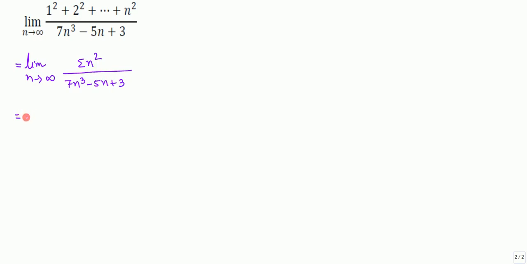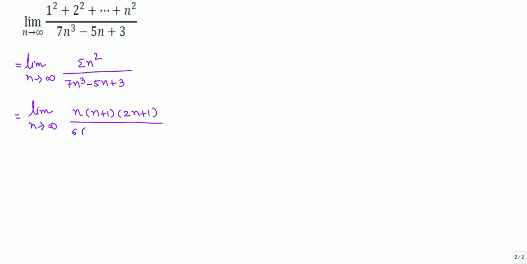Now putting the value of sigma n square, which is n by 6, n plus 1 into 2n plus 1, whole divided by 6.